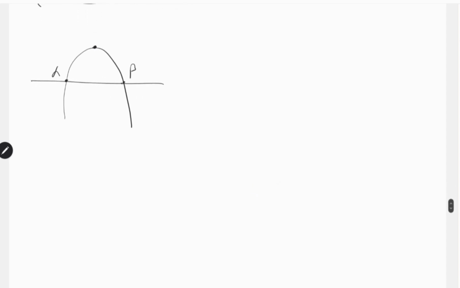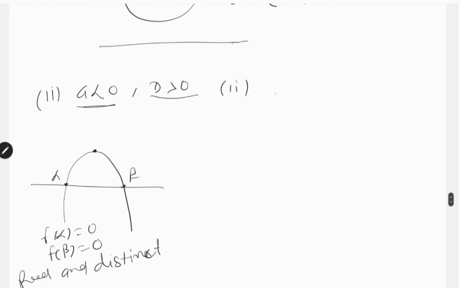Then f of alpha is equal to 0 and f of beta is equal to 0, because alpha and beta are roots, real and distinct. Second condition: if A is less than 0 and D equal to 0, then the graph has cut points alpha and beta.